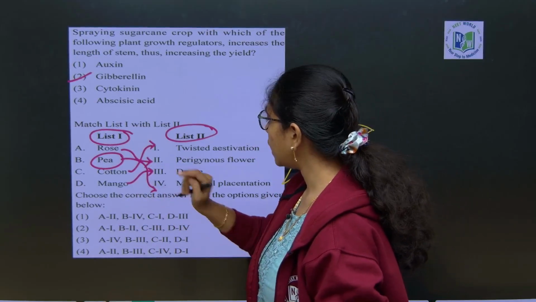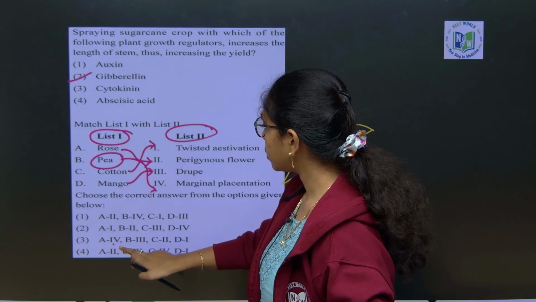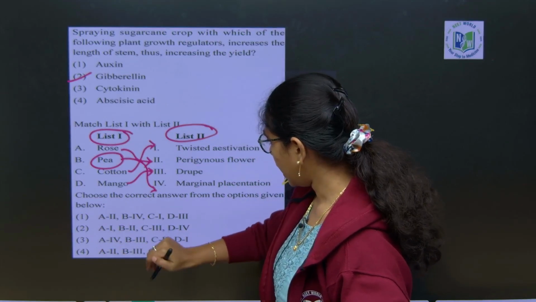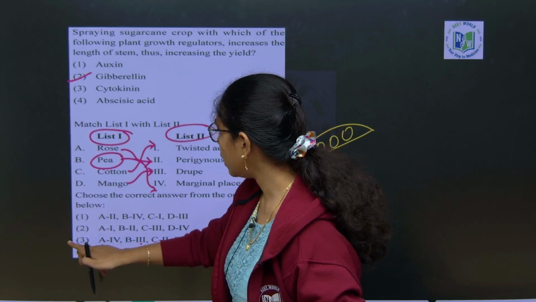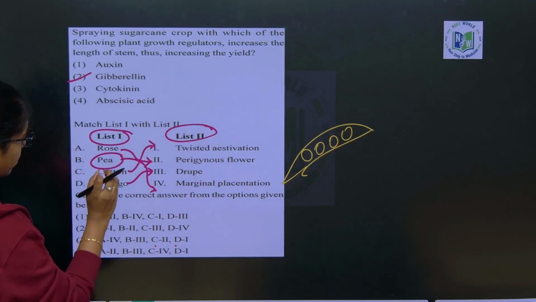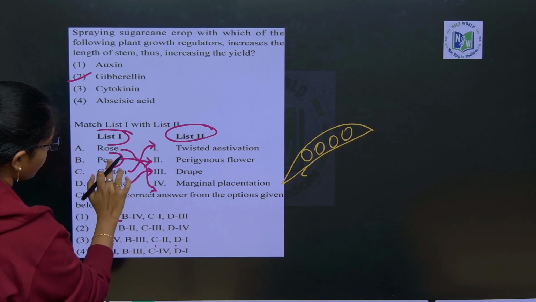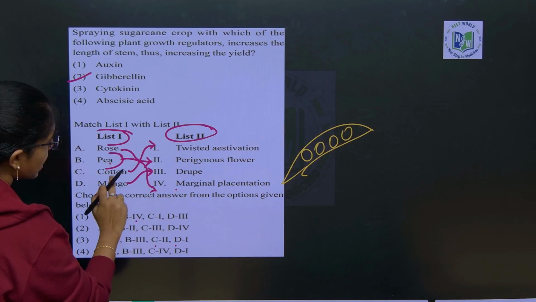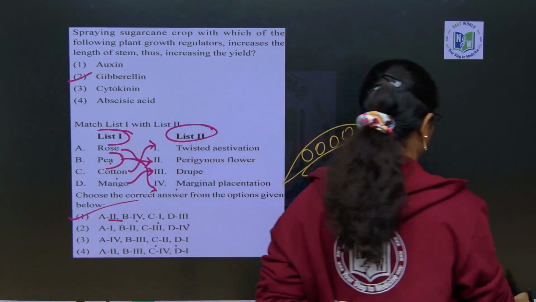Now, if you clearly look into the options, A is 4, B is 2, just a second beta, A is 4, B is 3, C is 2 and D is 1. No, just a second. A is 2, B that is having marginal placentation 4, C is 1, D is 2. Option 1 is the correct answer.